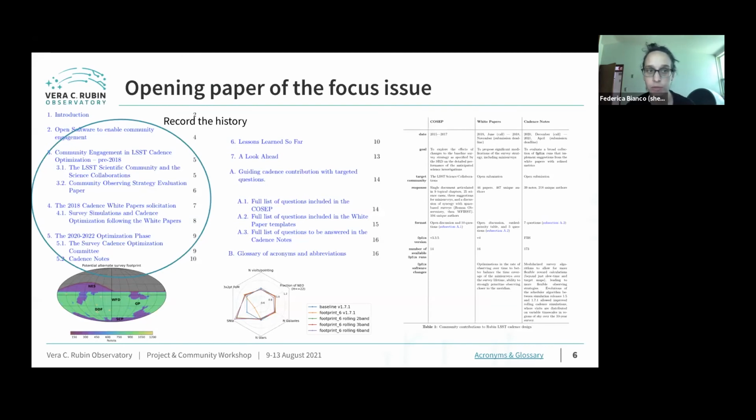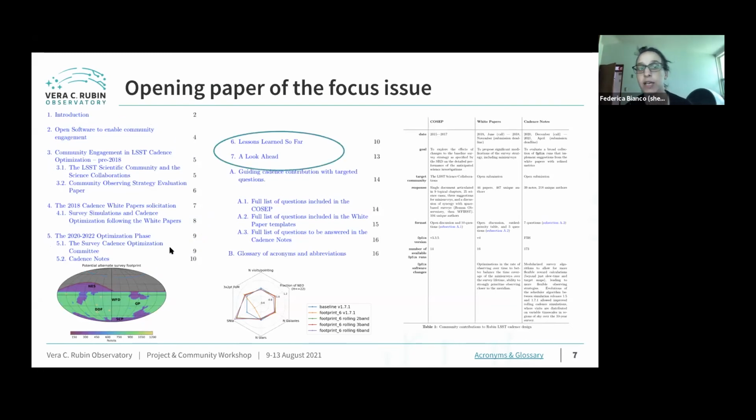It also contains information on the software that Rubin has produced to enable these community contributions, OpSim and MAF. But it also contains a section on lessons learned and a look ahead for the continuation of this process for Rubin, but also for other surveys that may want to embrace a community-focused plan of survey design: what they can learn from the process as it has been done by Rubin, and what we have learned from it.